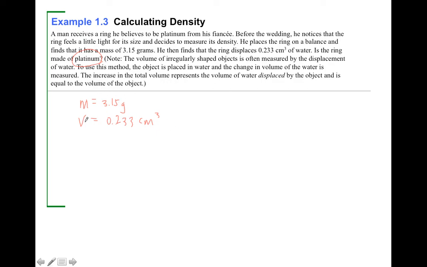Okay, so this is the volume of the object. There's the mass of the object. We know that the density of an object is mass per volume. I think Tro uses a lowercase d here oftentimes. So let's calculate this. This is 3.15 grams, and this is 0.233 cubic centimeters.